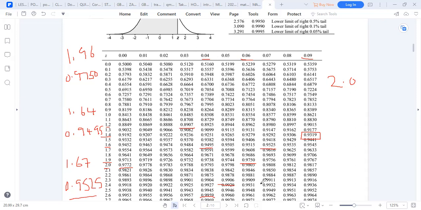Now I want you to give me what is the Z for this p-value? 0.9932. What is the Z for this value? Go in reverse, add that number and the number on top. What do we get? 2.47. 2.47. Okay.